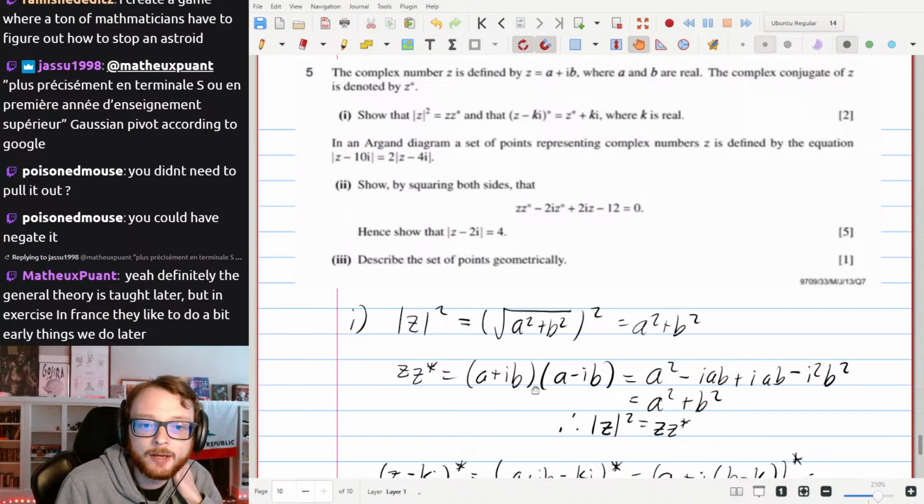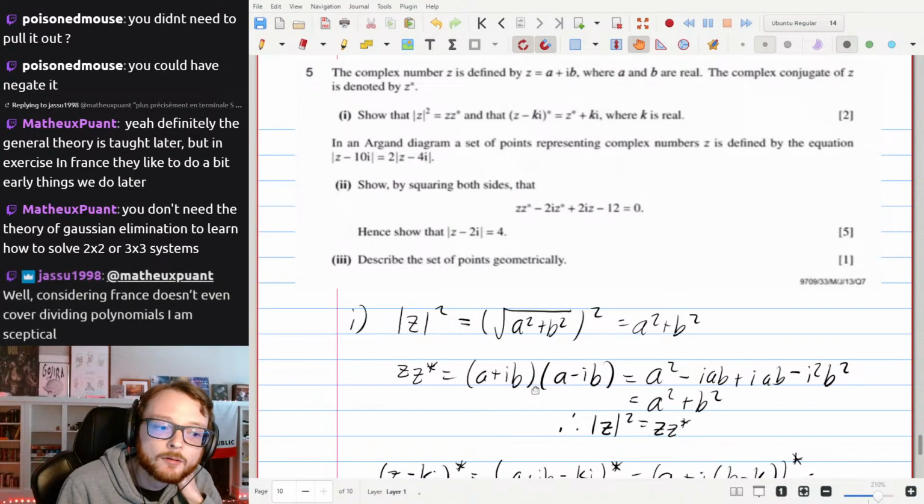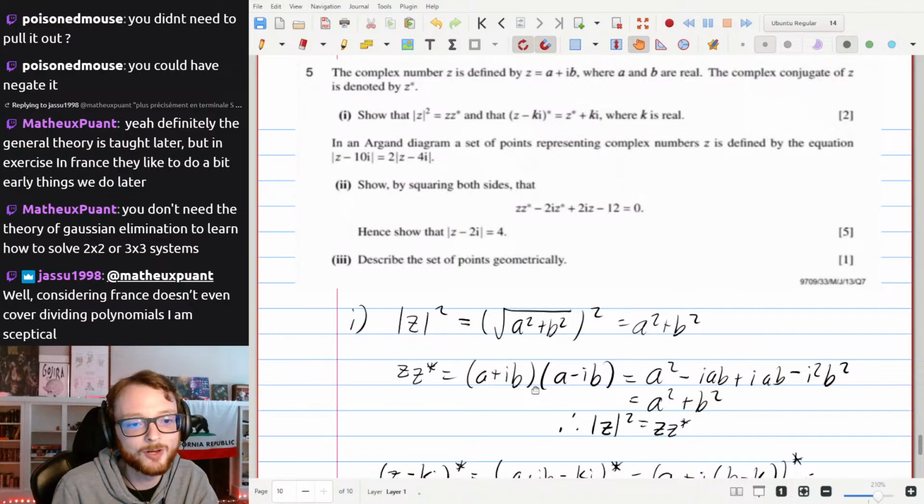Okay, Argand diagram. Okay, this is gonna be a thing.